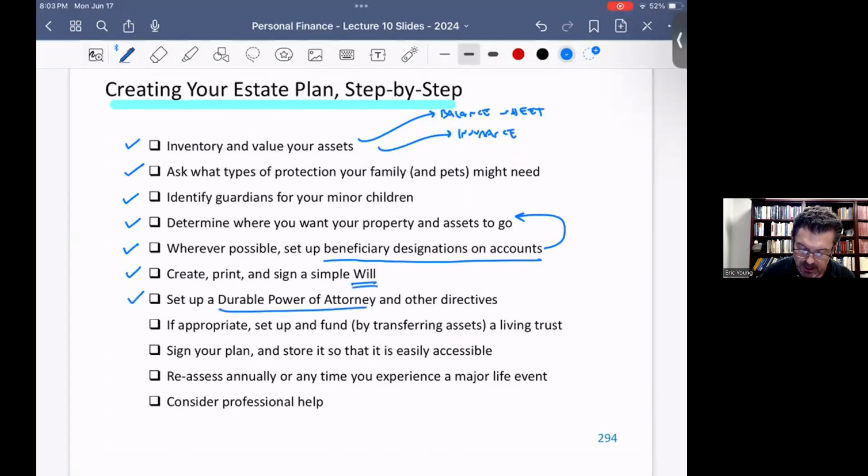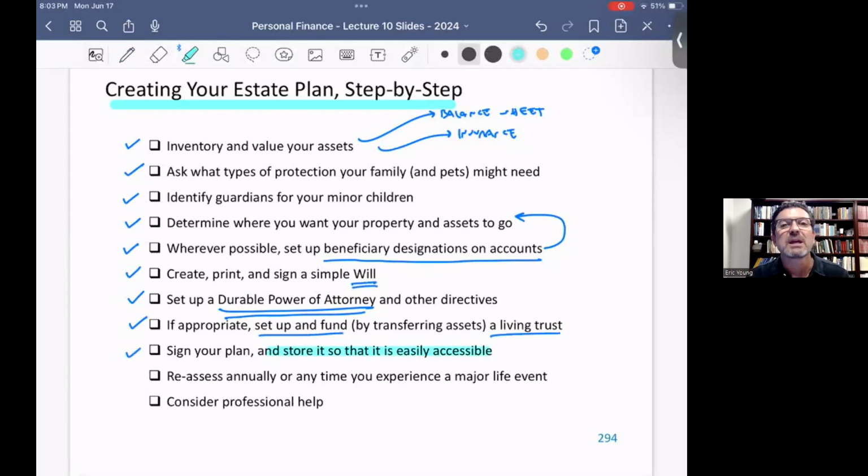These documents at minimum you need. If your life situation dictates that you need it, then move ahead and set up and fund a living trust. Finally, the details: sign your plan and critically store it so that it is easily accessible.